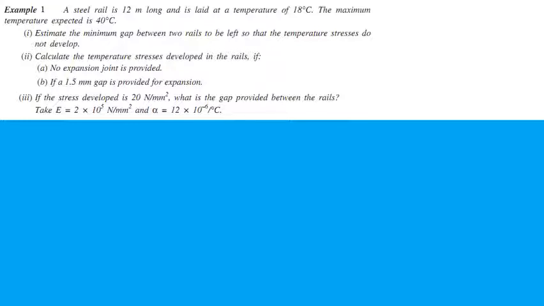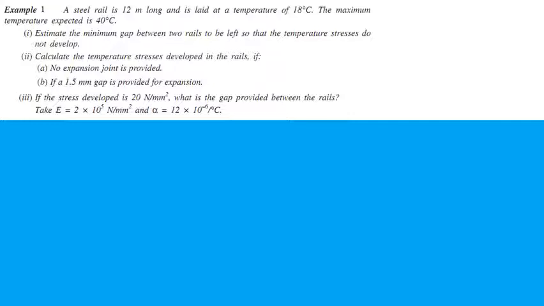To solve the problem, first we have to extract the given data. The steel rail is 12 meters long, so capital L is 12 meters, the initial temperature is 18 degrees Celsius, whereas the maximum temperature is 40 degrees Celsius. So we take the difference, 40 minus 18, to obtain the small t value.